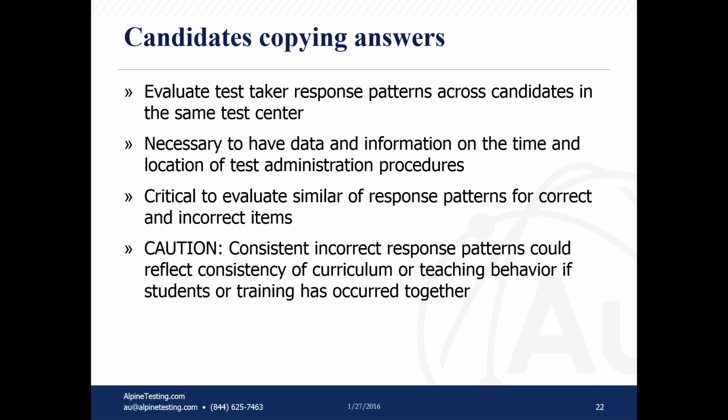If you see an unnaturally clustered group of responses, that could be an indication that there was somehow sharing going on within that setting. That can be done looking at correct items, and it can be done looking at incorrect items. When people are getting items incorrect, and consistently incorrect, that can be an even stronger indication that there was some sort of copying going on.